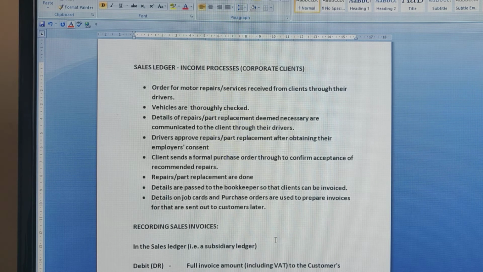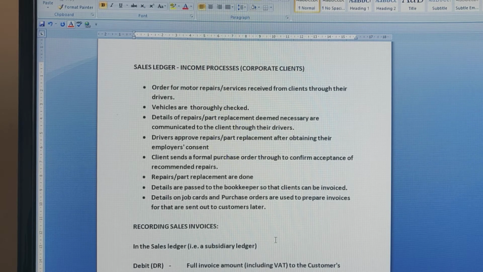The net amount. Leave the VAT out. Okay? The VAT amount will be credited to VAT payable to HMRC. That is VAT charged on sales. You have to pay that to HMRC, so it's a liability. You have to credit the VAT element to the VAT or output VAT account.